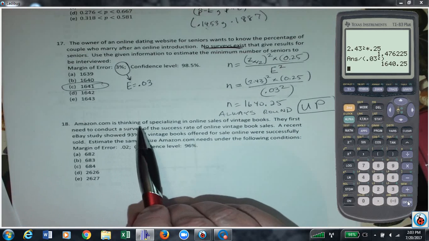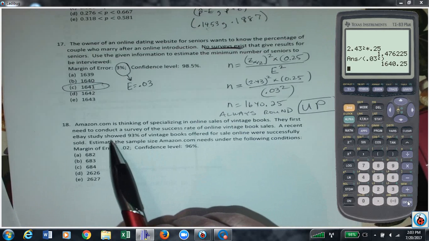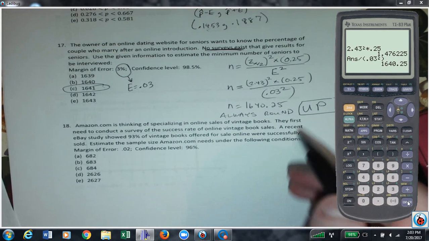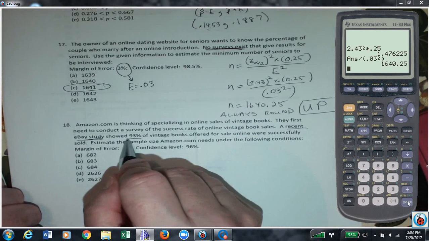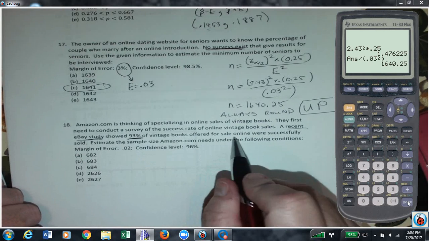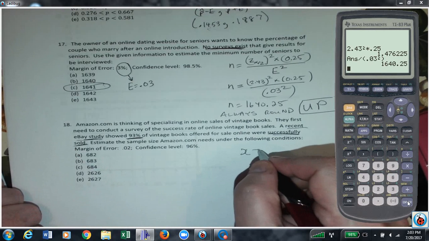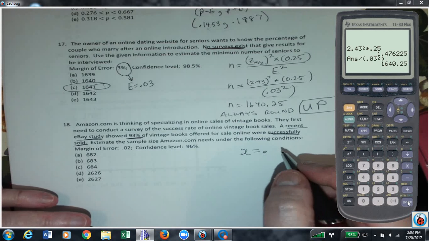Now, Amazon.com is thinking of specializing in online sales of vintage books. We need to conduct a survey of the success rate of online vintage book sales. A recent eBay study shows 93% of vintage books offered for sale online were successfully sold. So our rate of success is 93%.